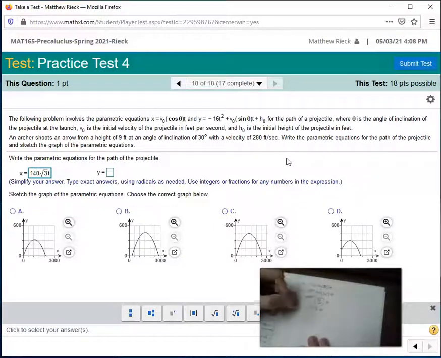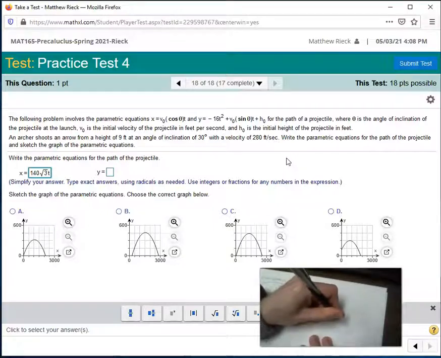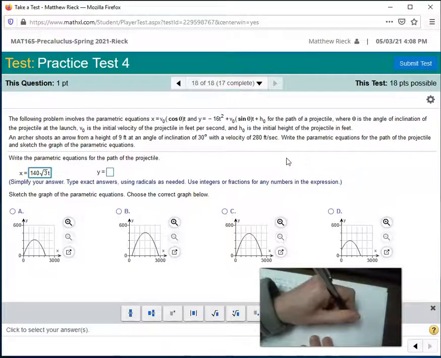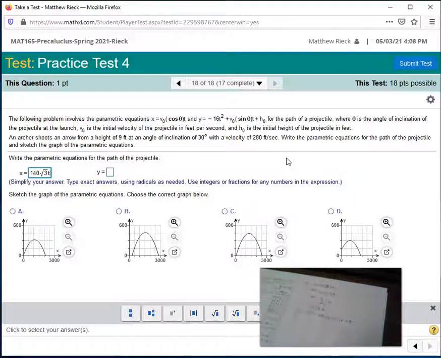All right. So then we have y equals negative 16t squared plus my initial velocity, which is still 280, times the sine of 30 degrees times t, plus my initial height, which is 9 feet.